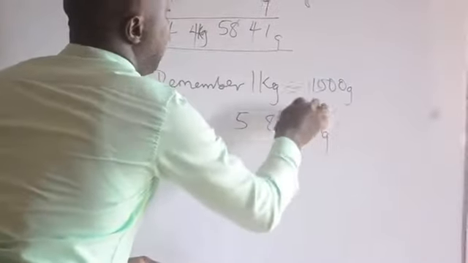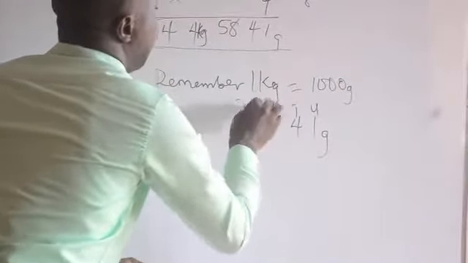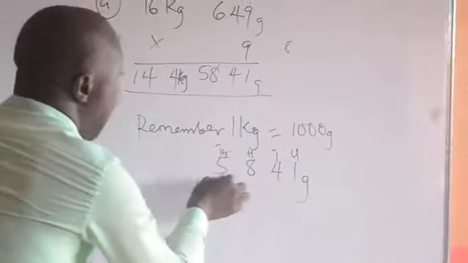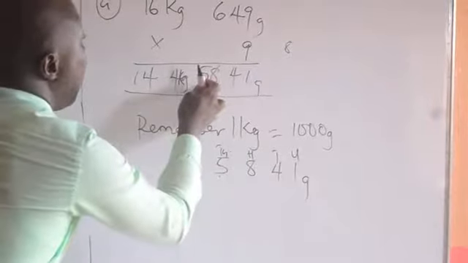We have our units, tens, hundreds, thousands. So this 5 falls under what? Thousands.